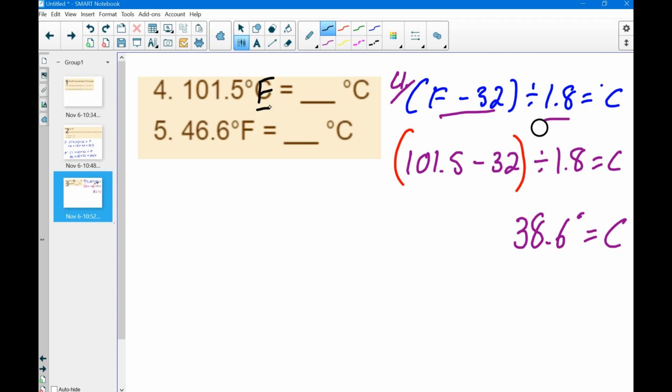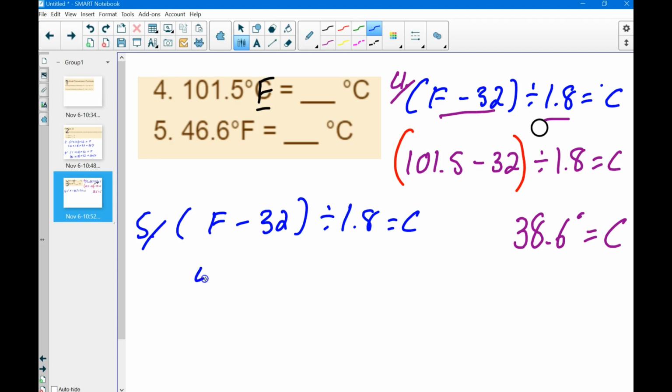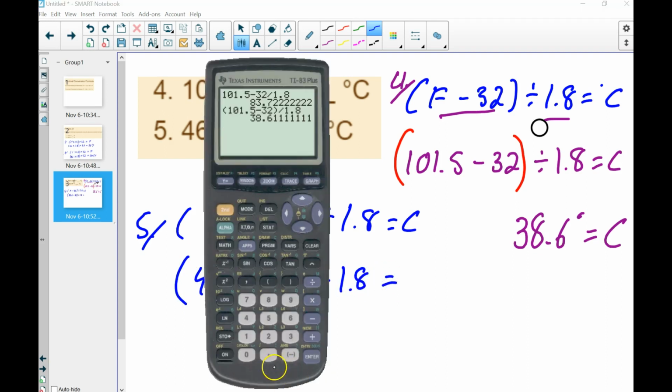Crazy. So using the formula again, we have for number 5, Fahrenheit minus 32 divided by 1.8 is degrees Celsius. So 46.6 minus 32. Put in our brackets, divided by 1.8. Once we have that, we can just go ahead and put it into our calculator.